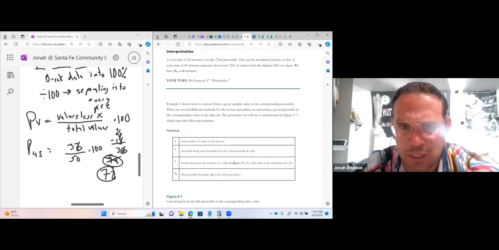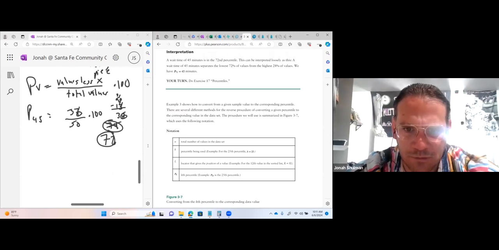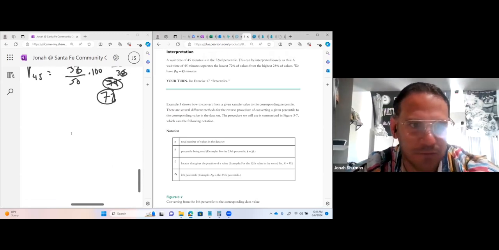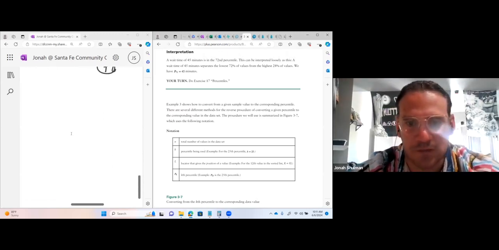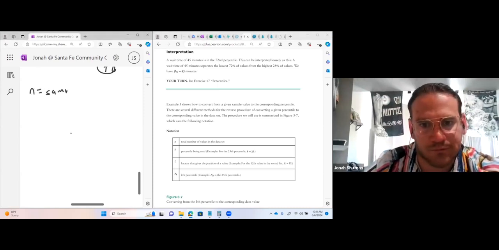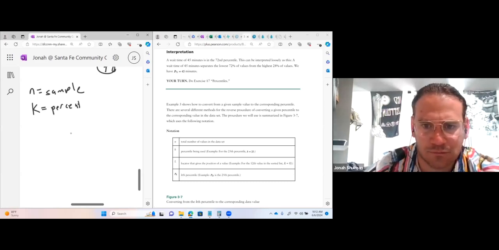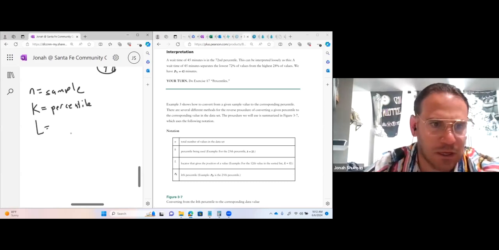Okay, here we go. Some more notations. Oh, see, look, P of K. I had the same thing. I guess great minds, right? N is the total values, but that's for the sample. If it was the big N, it'd be the whole population. K is the percentile being used. L is your position.